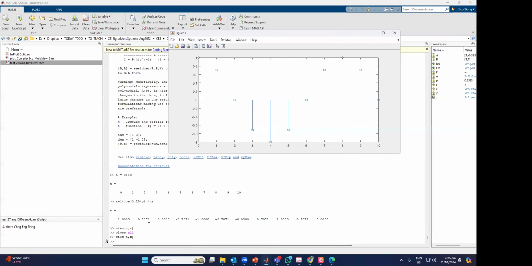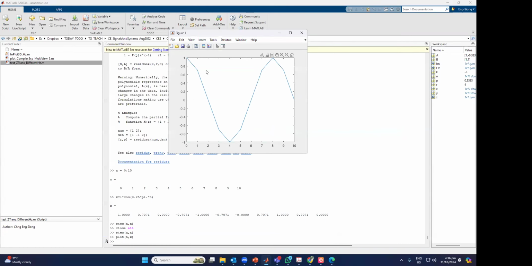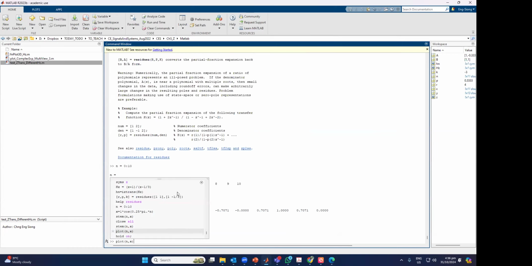How to thicken the line? But you guys can see the line. All right, not going to use the stem. I'm going to use the plot. Now I'm going to use hold on. And now I'm going to use the stem. And then now I'm going to use the red.